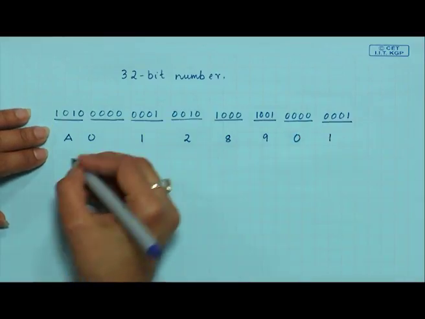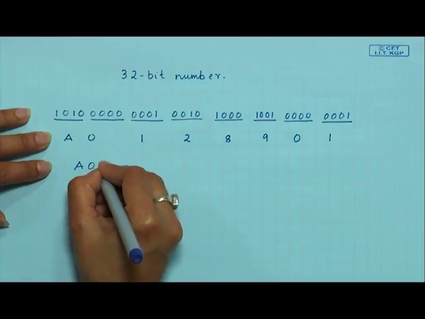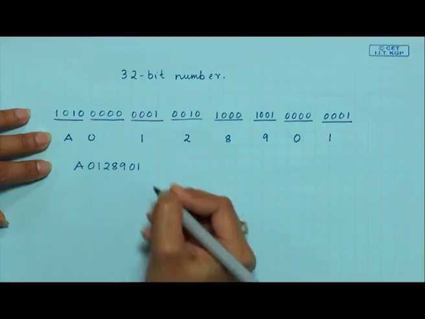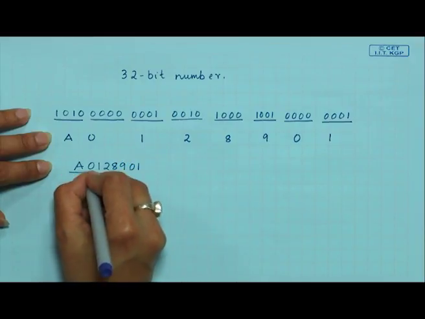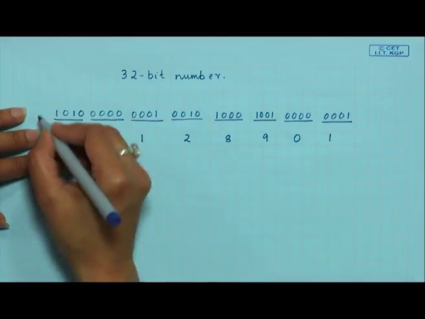So, this entire number A01289001 is a hexadecimal representation of this 32-bit number.